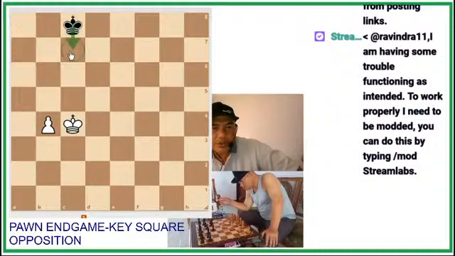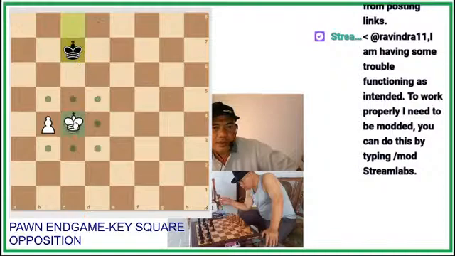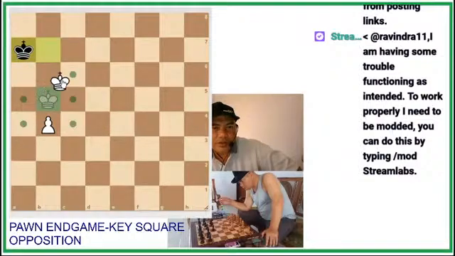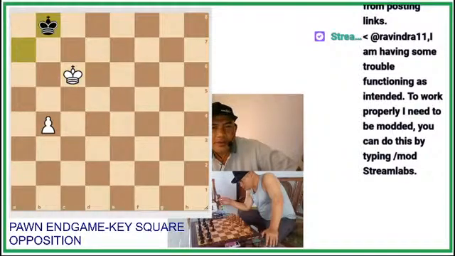If black goes here, then white has the opposition. For example, this is winning for white because white will have the key square.